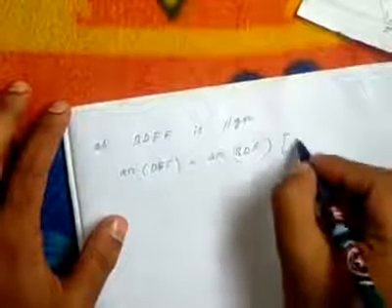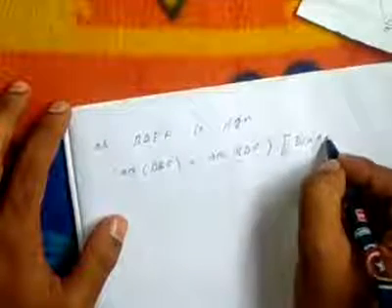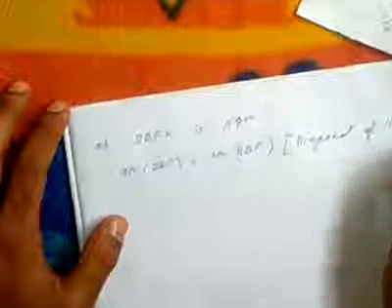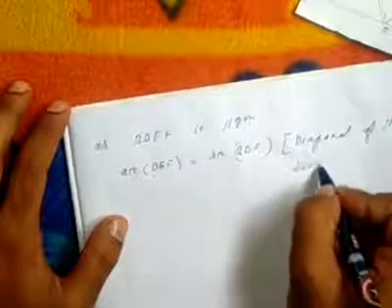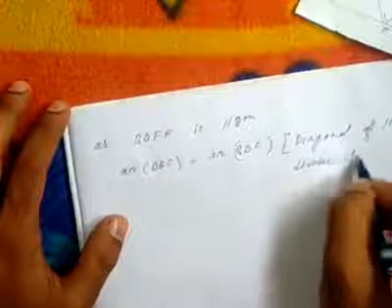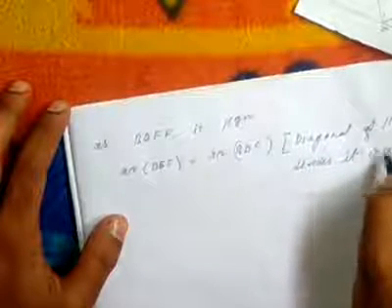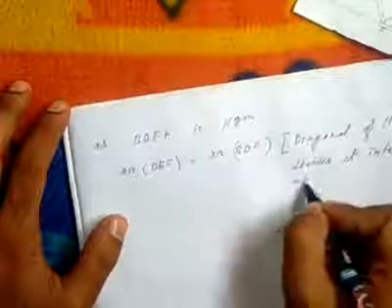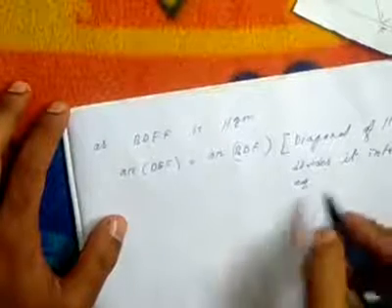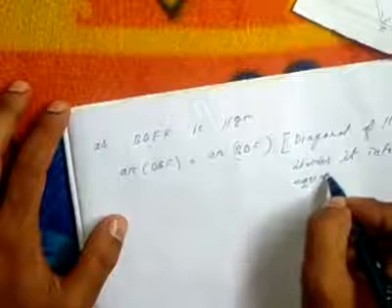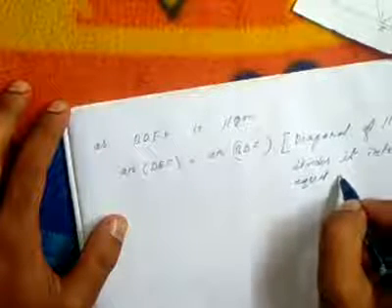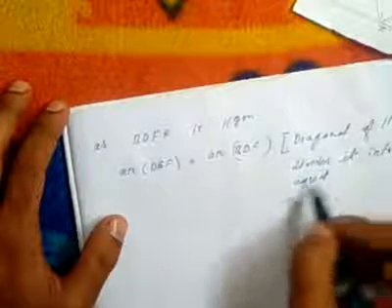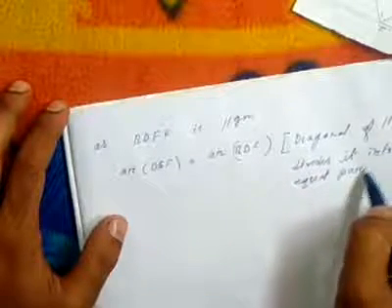So we'll write: diagonal of a parallelogram divides it into two equal parts.